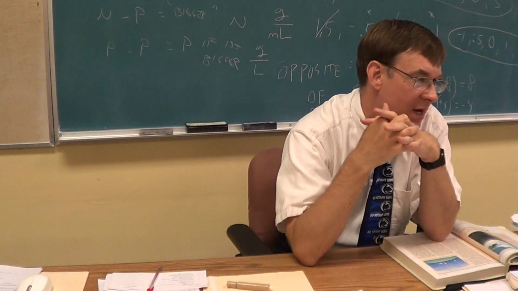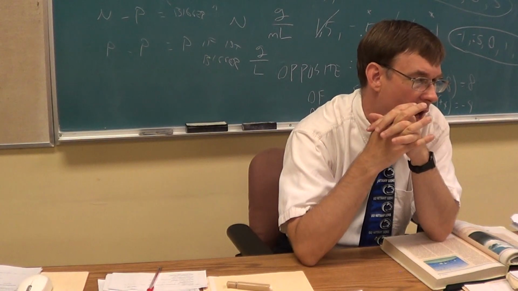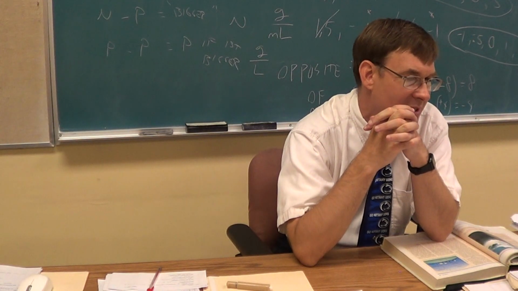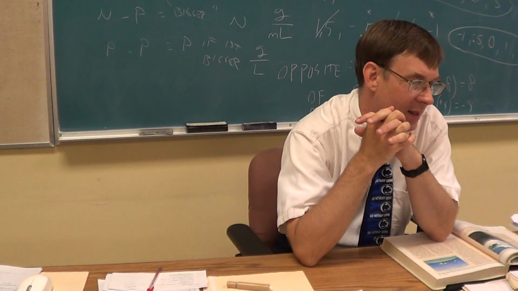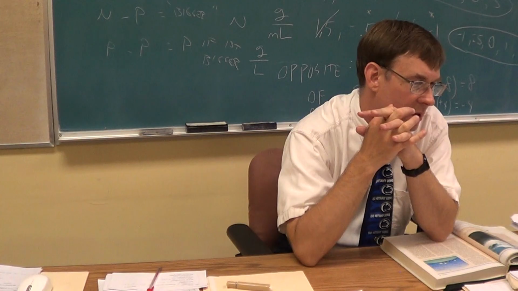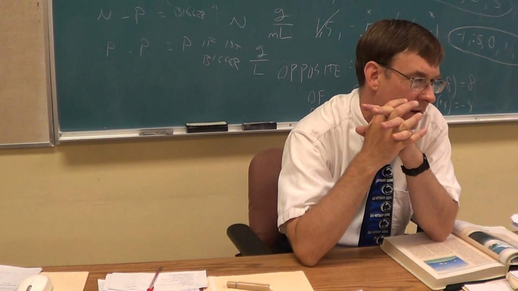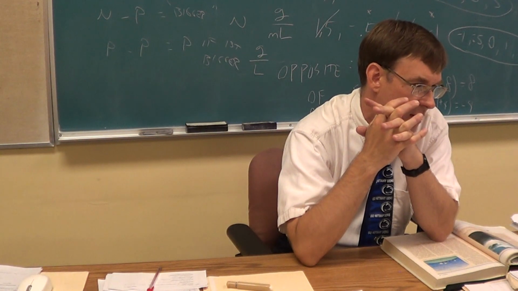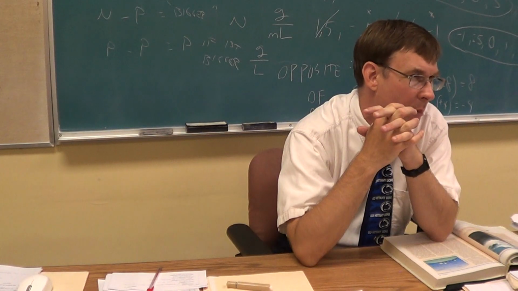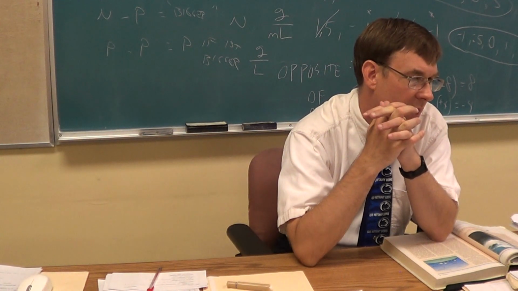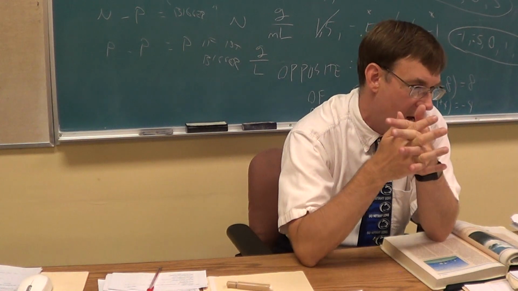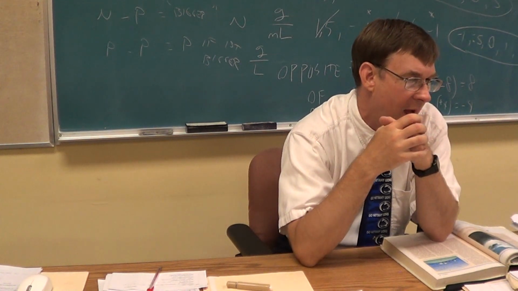Or if you like abbreviations that 7th graders didn't know, you could write that one as 10 to the negative 12th. Nano would be 10 to the negative 9. Micro, 10 to the negative 6. How about mega? 10 to the positive 6. Giga, 10 to the 9.